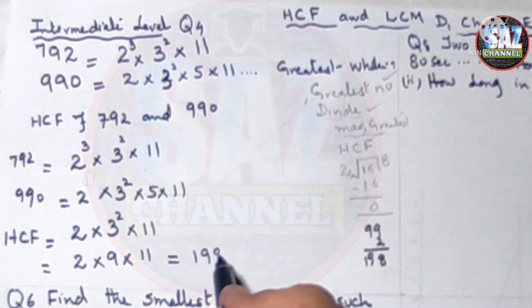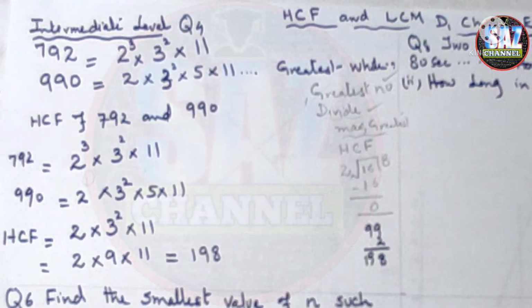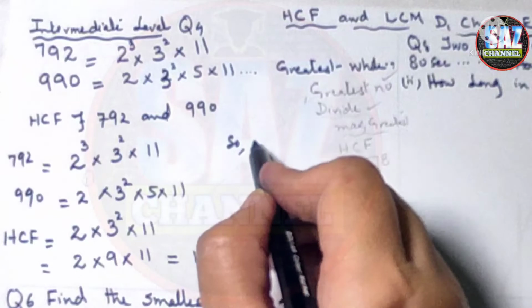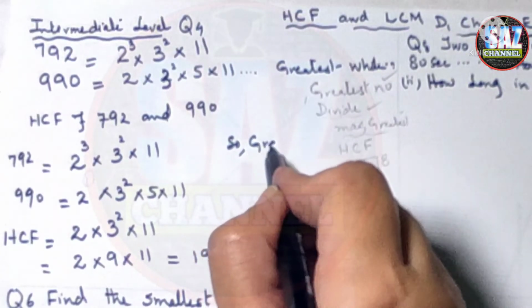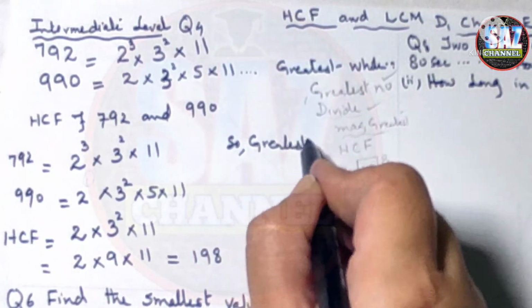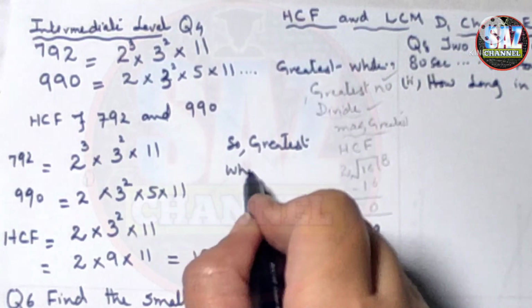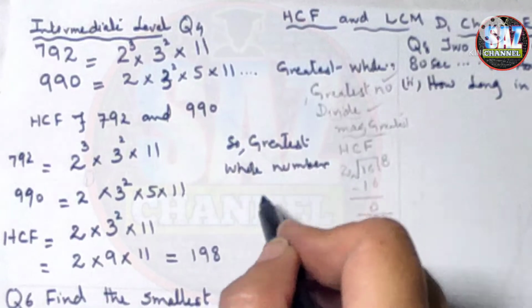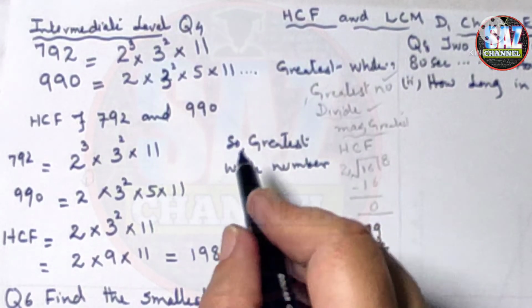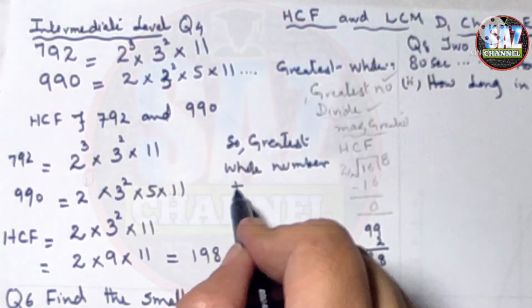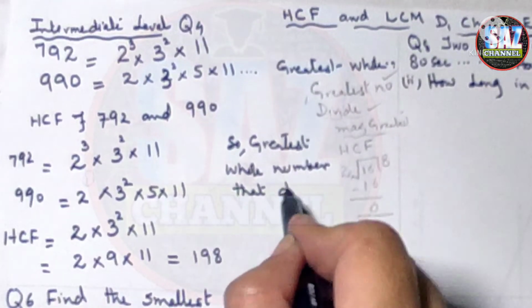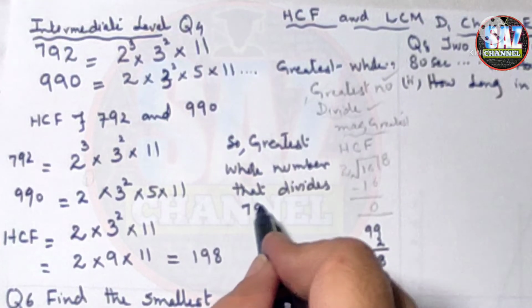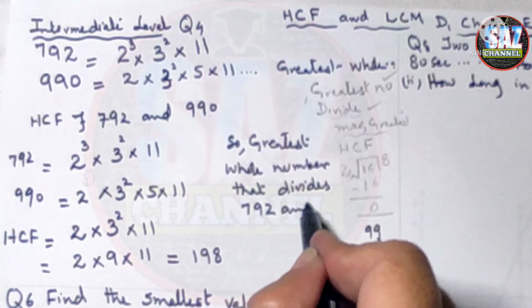198 is the greatest whole number that divides 792 and 990.